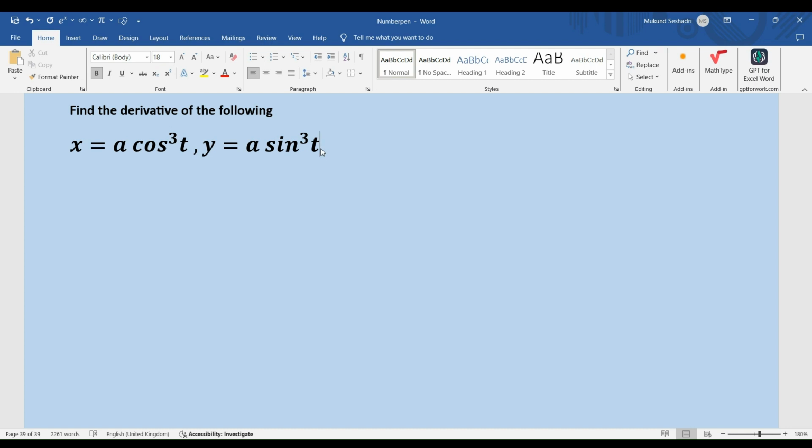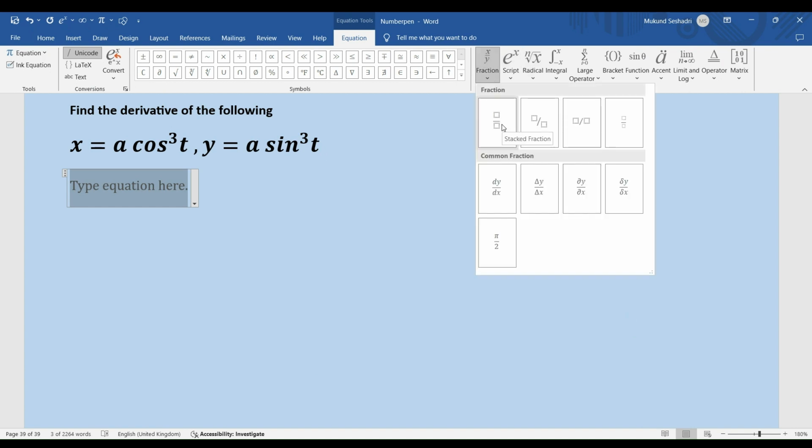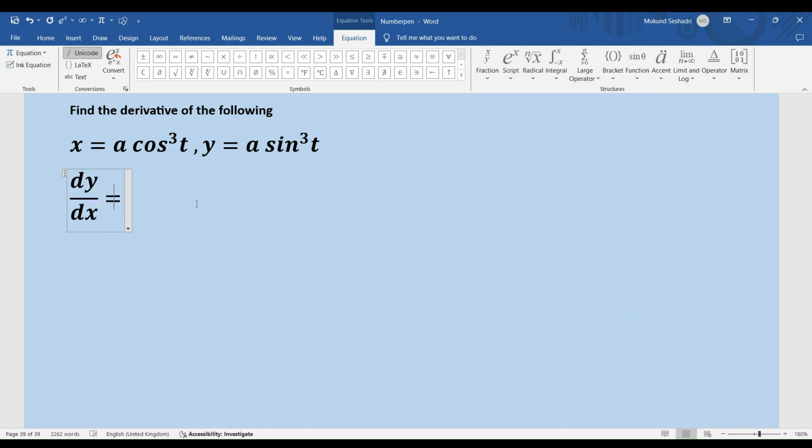But otherwise, it's always better to do a simple dy by dx using the formula, and let me write it down, and we will use this particular formula to solve this problem in this video. So my dy by dx equals dy by dt divided by dx by dt, right?